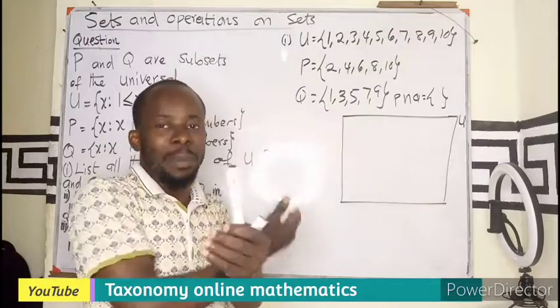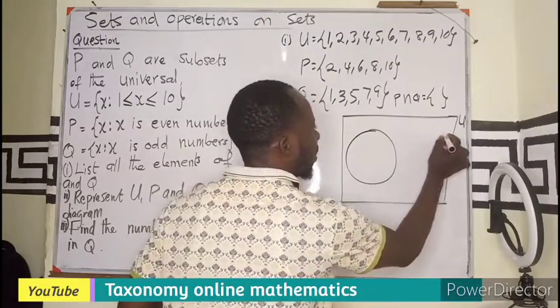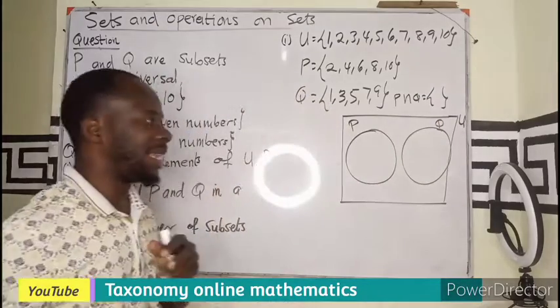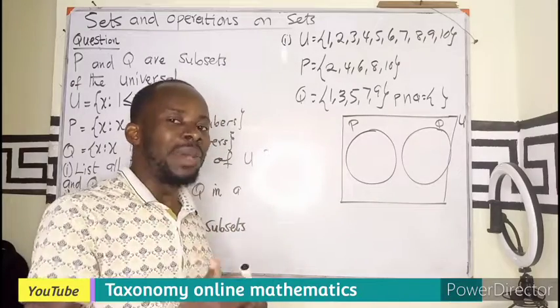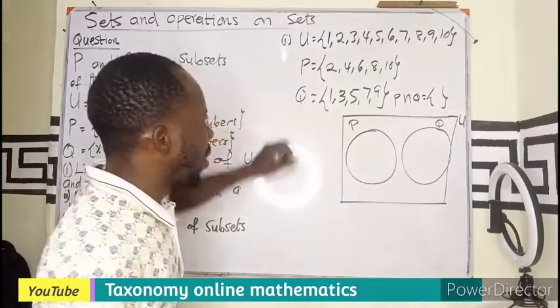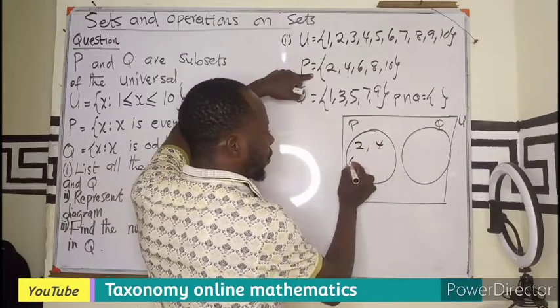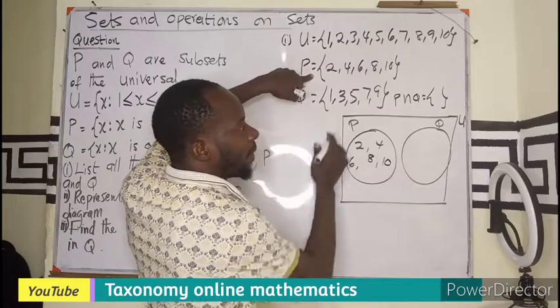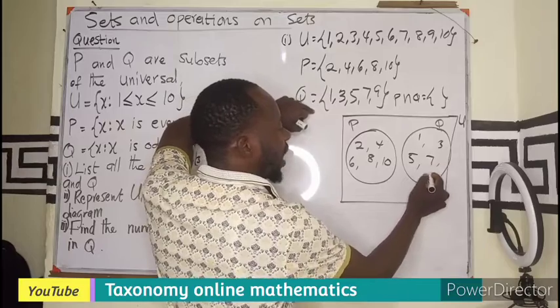They don't overlap. Disjoint sets are two sets that have no element in common. So I will now list the elements of P to be 2, 4, 6, 8, and 10. Then Q becomes 1, 3, 5, 7, and 9.